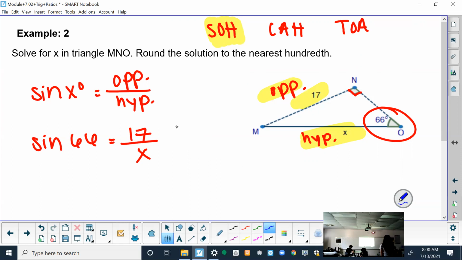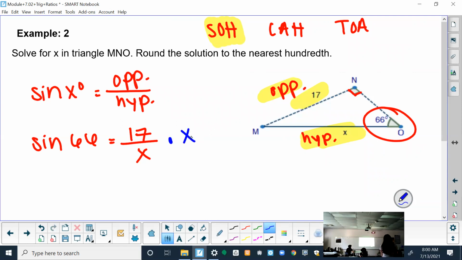All right, since order matters with division, I can't just say like times 17 because that wouldn't cancel it out. So what I'm actually going to have to multiply by to eventually solve for x would be to multiply it by x. All right, I know it seems weird, just bear with me.